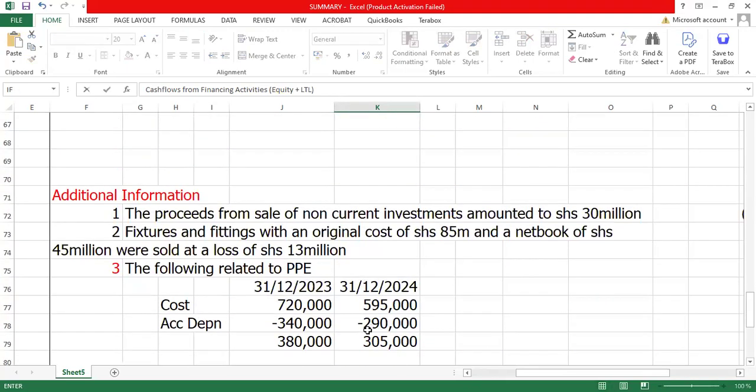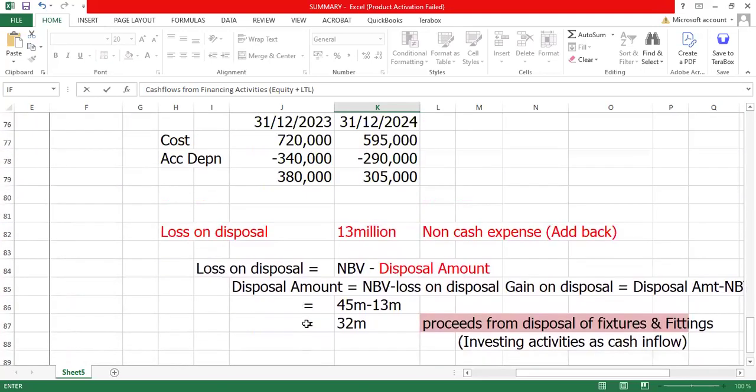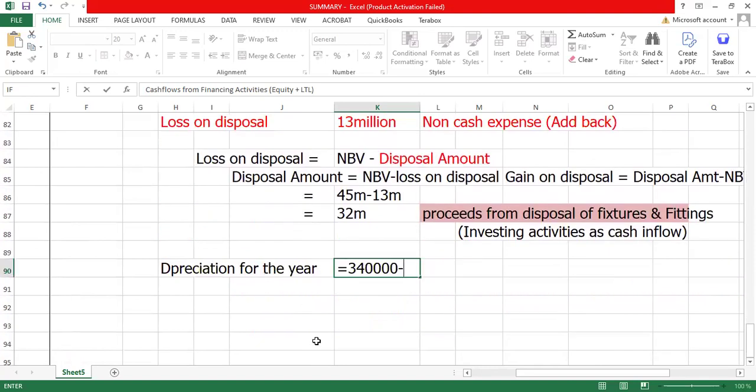Depreciation for the year will be the difference in the accumulated depreciation, which is 340 minus 290, 50. That is depreciation for the year.